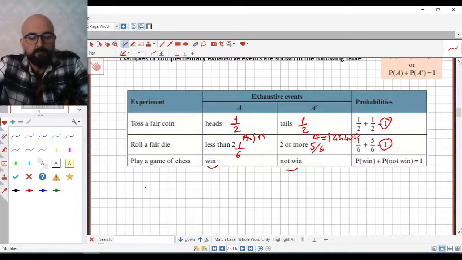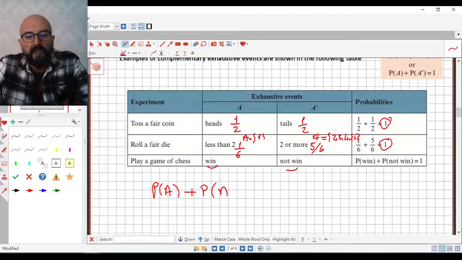Okay, so I want to write again: the probability of A plus the probability of the complement of A is 1.